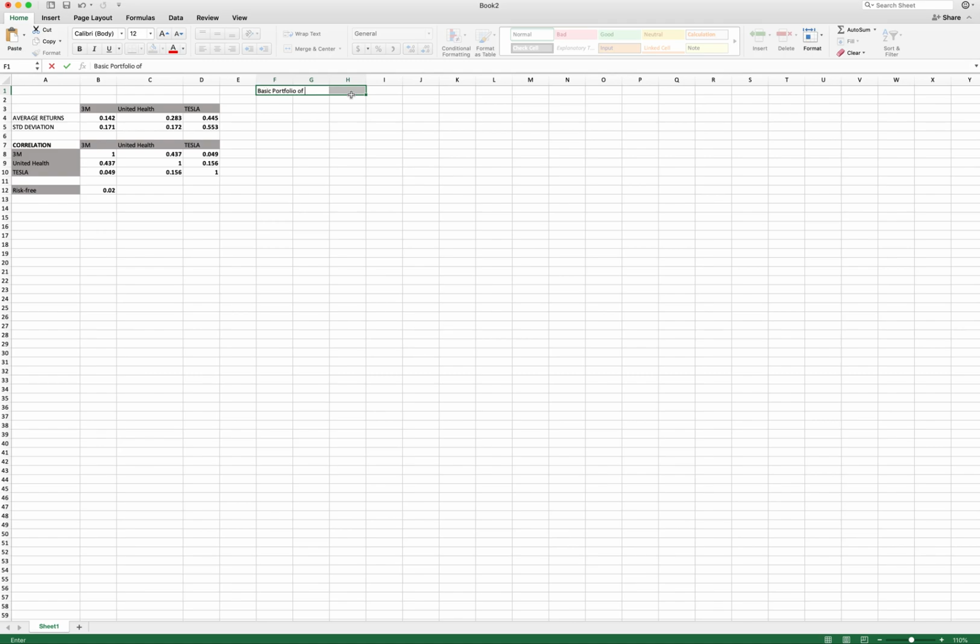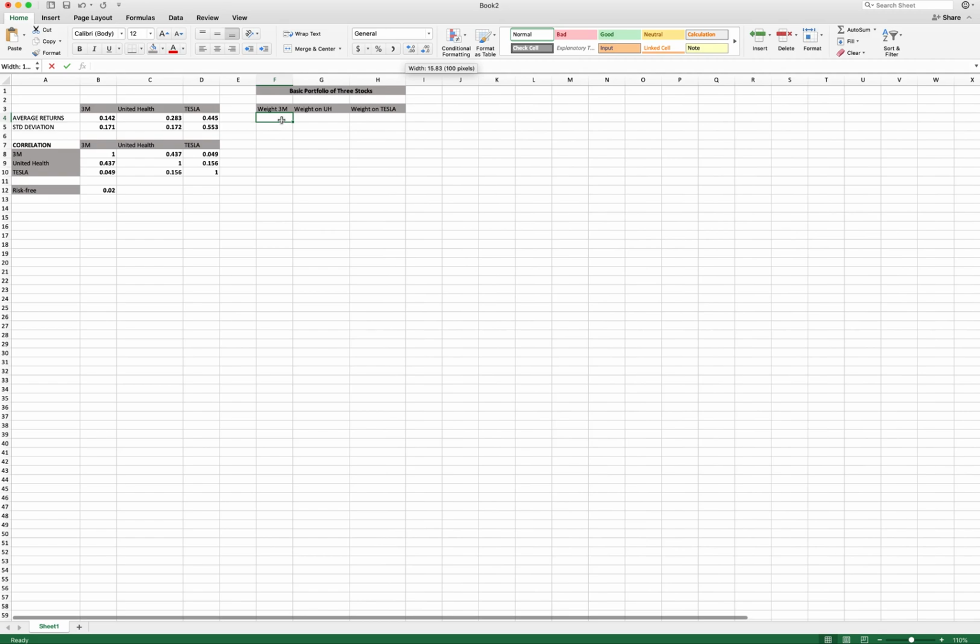Okay, so we're going to get started and look for a basic portfolio of three stocks. That's something that we know how to do very easily. I'm going to have in the first row, weight 3M, weight on United Health or UH, and the weight on Tesla.